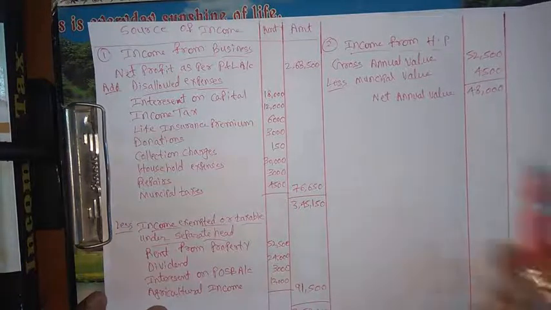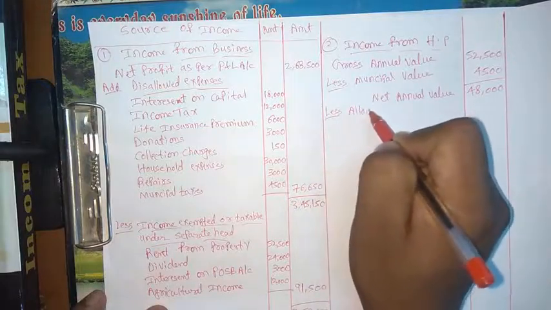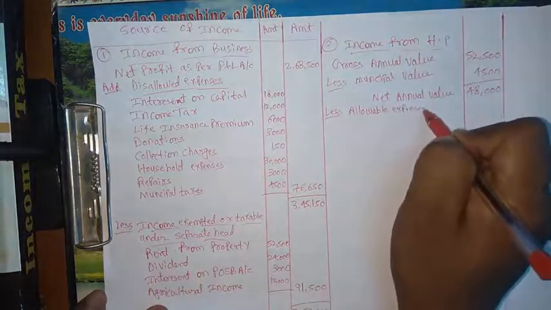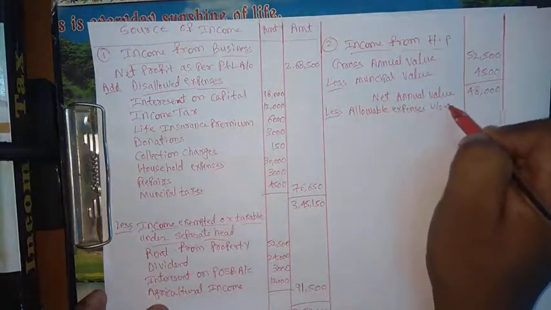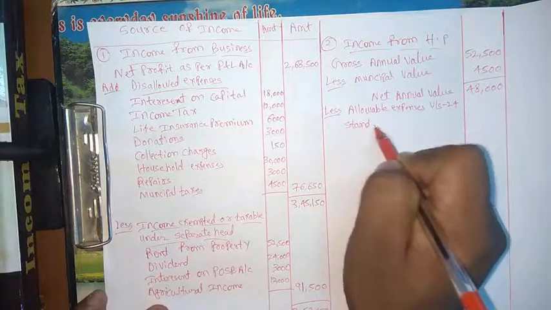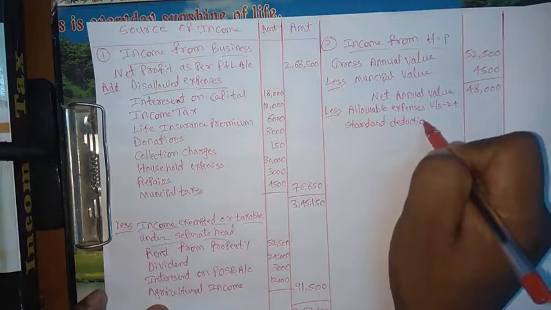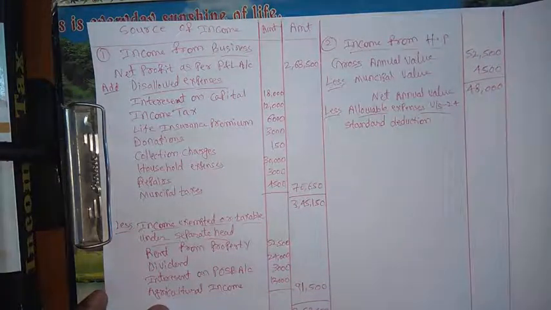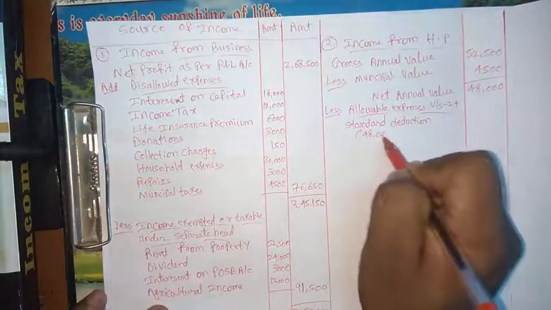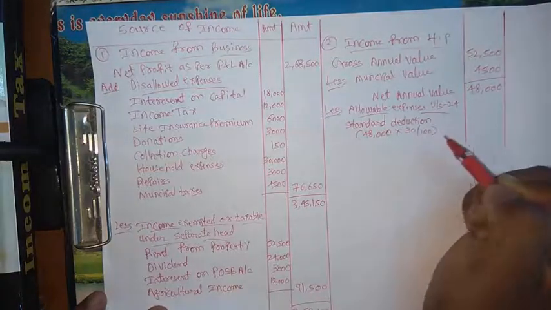Once we have got net annual value, in this less allowable expenses under section 24, that is standard deduction. How much is it? It is 48,000 into 30 divided by 100.